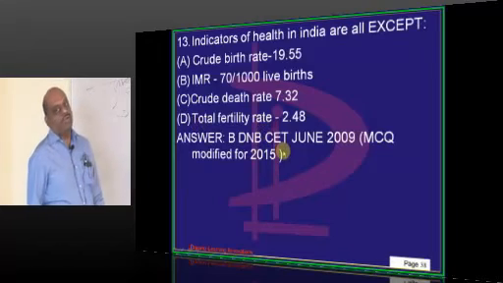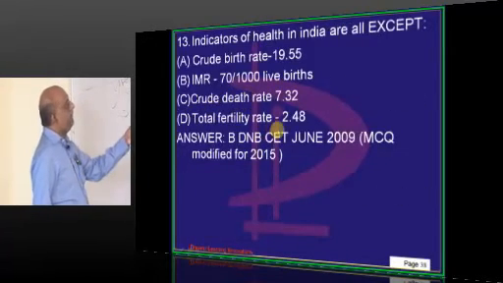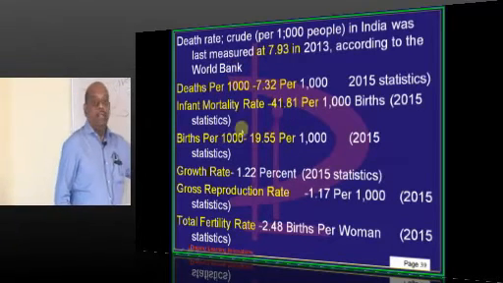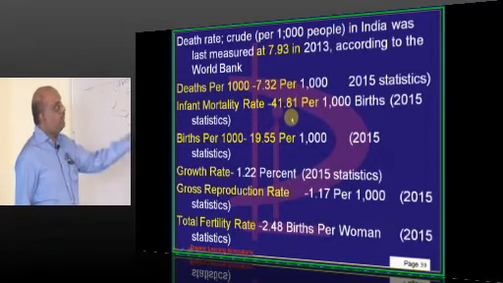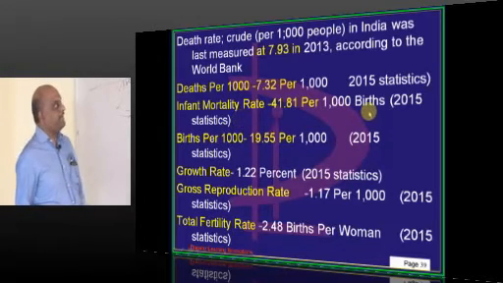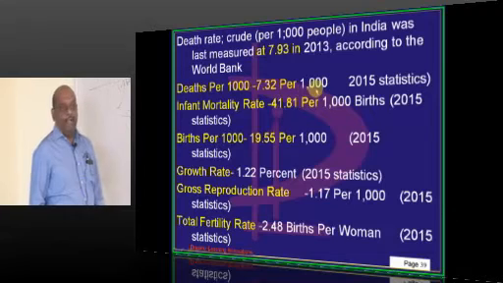Total fertility rate is 2.48. That is also true. But what is the IMR? Infant mortality rate is 41.81 per 1,000 births, 2015 statistics. Deaths per 1,000 is 7.32 per 1,000.